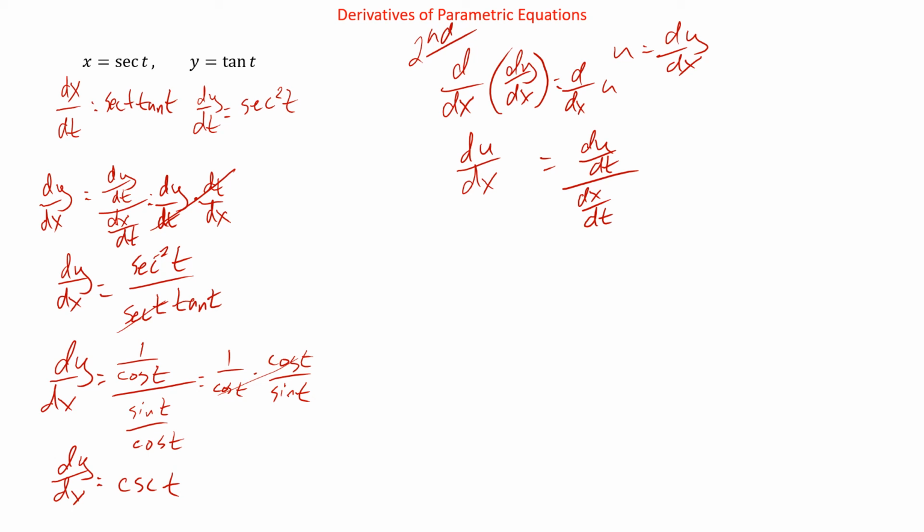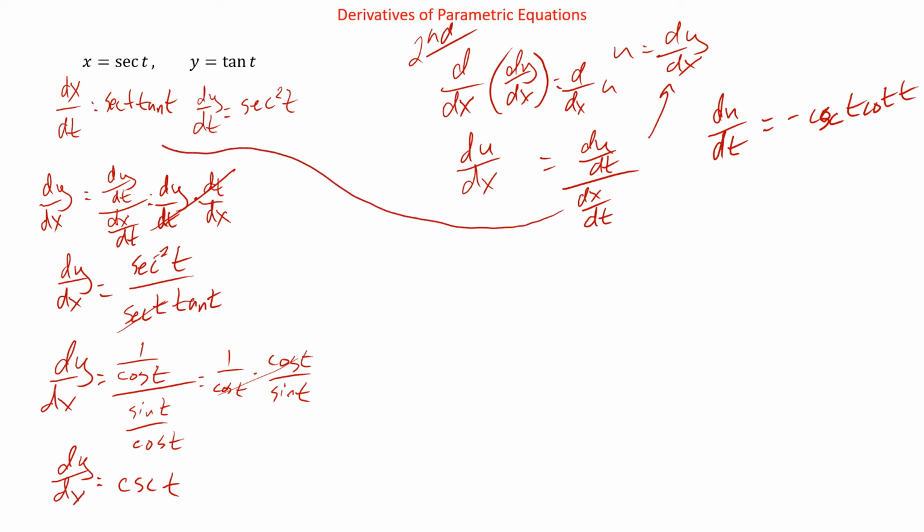So the derivative of u with respect to t, u is dy over dx. That's our first derivative. So du over dt, the derivative of cosecant t, is going to be negative cosecant t cotangent t. And the dx over dt, we actually have.